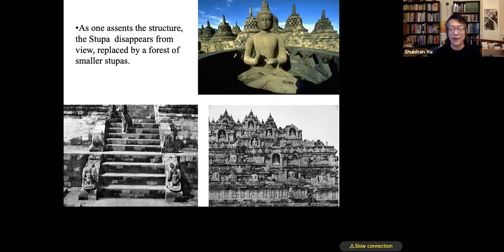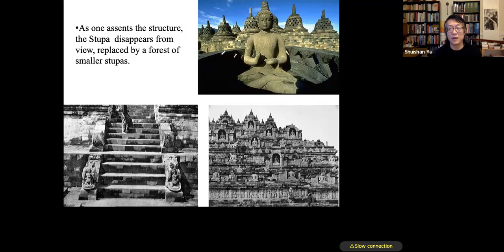So the lower ones still had that narrative ones, kind of more material, more secular, but the higher you reach, the more abstract it becomes, until on the very top, you find just a stupa, but inside the stupa, there is a statue. But as originally constructed, you were not meant to see that statue, because that statue is hidden inside that stupa. This one, you got to see the statue.